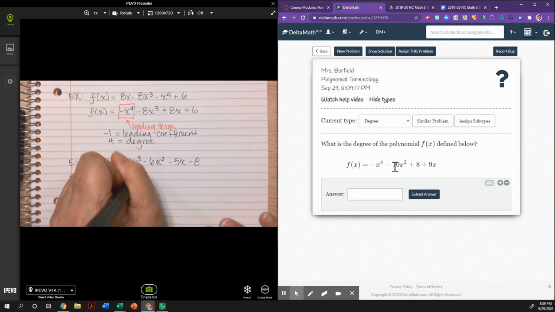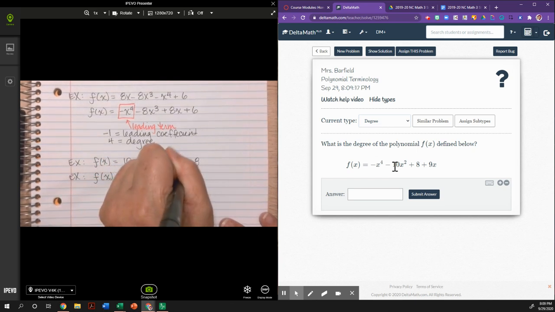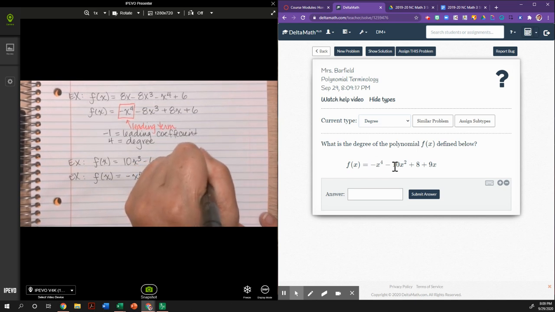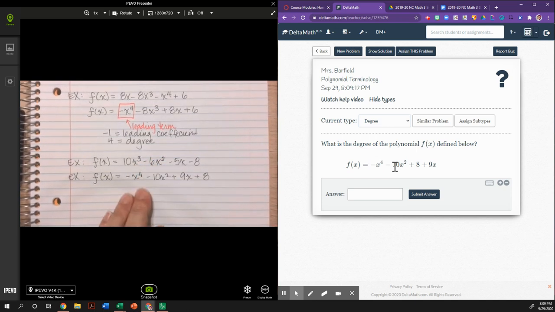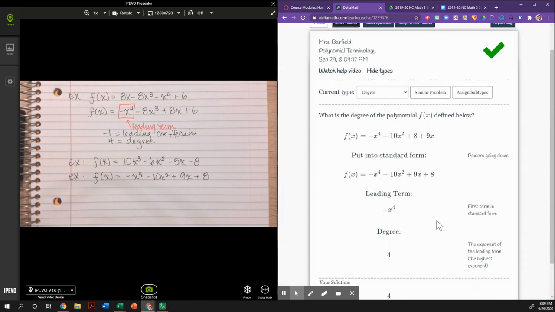Negative x to the fourth, then minus 10x squared, then 9x, and then plus 8. The degree of the polynomial is the largest exponent in the problem, which is 4. Submit my answer, yes.